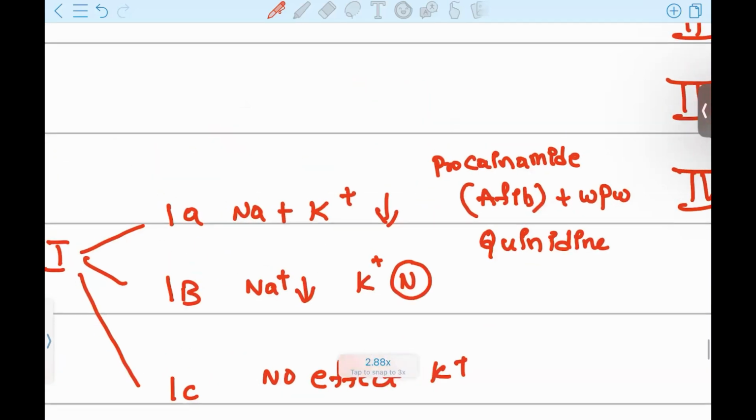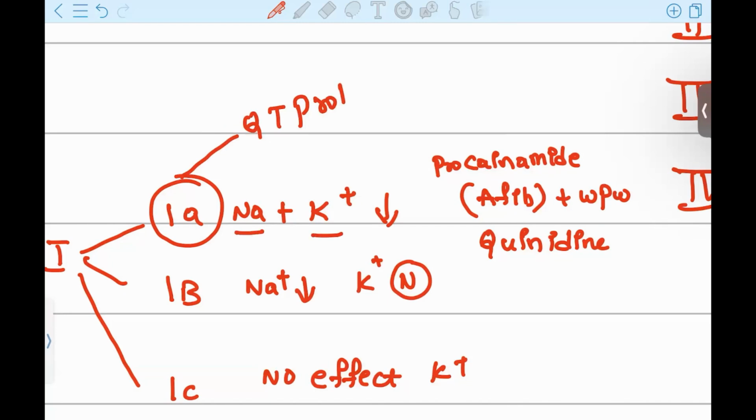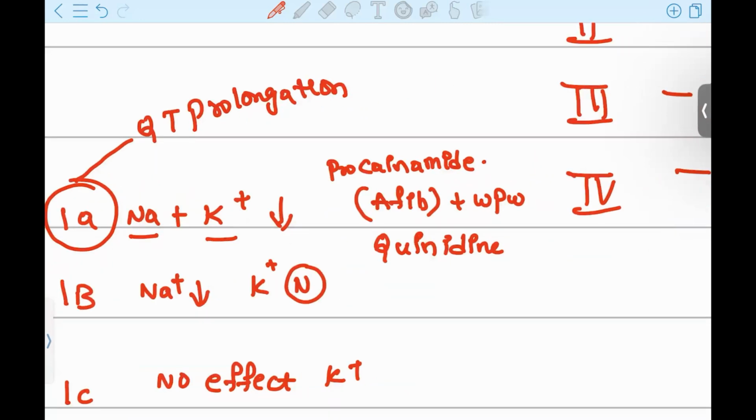These 1A drugs are very prone to QT prolongation because you are blocking the sodium and also the potassium. So QT prolongation is seen with which type of drugs? That is your 1A drugs. Another side effect is that procainamide can trigger lupus, and quinidine can cause cinchonism. These are the common side effects with the 1A drugs.